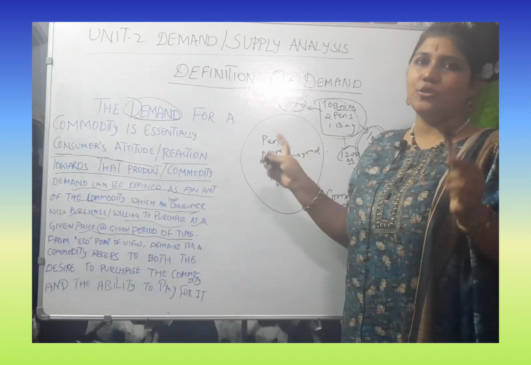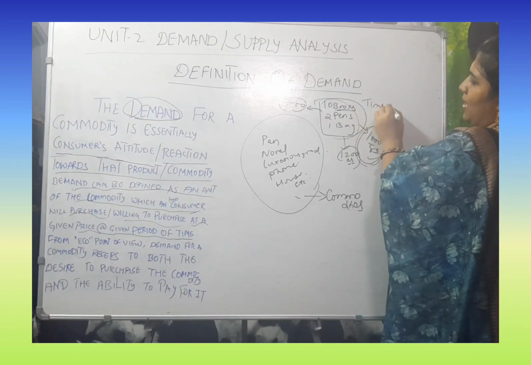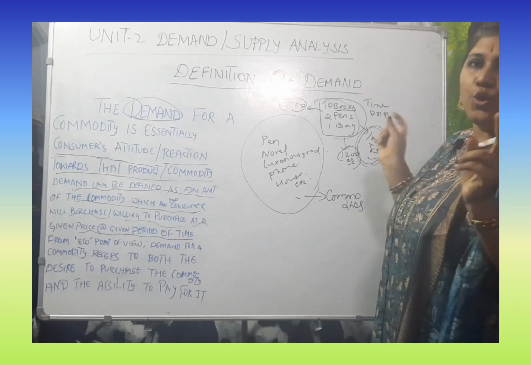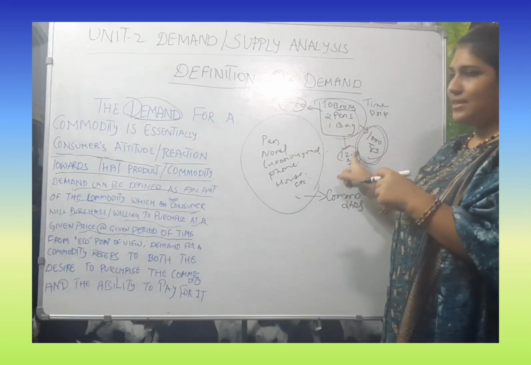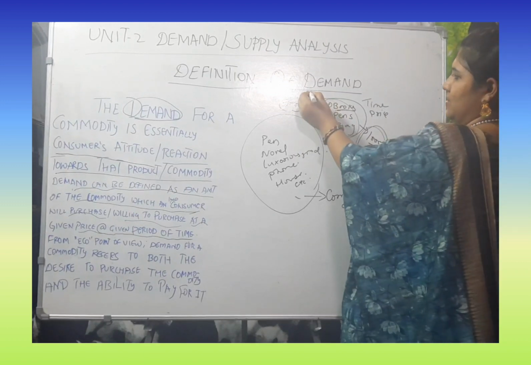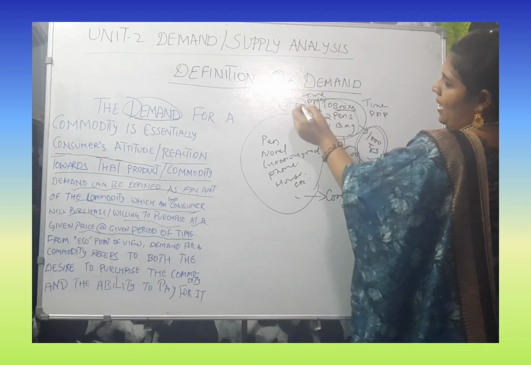But there is also something called time. Yes, and price is what is affecting you not to buy that product in this case, and here also it is the same: time and price and demand.